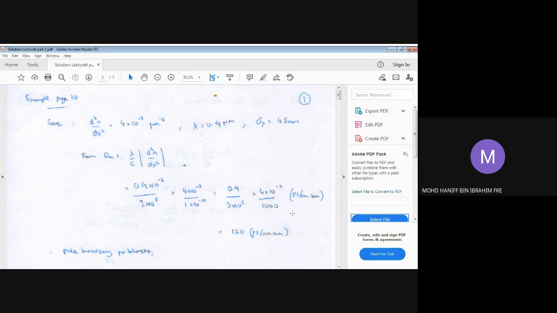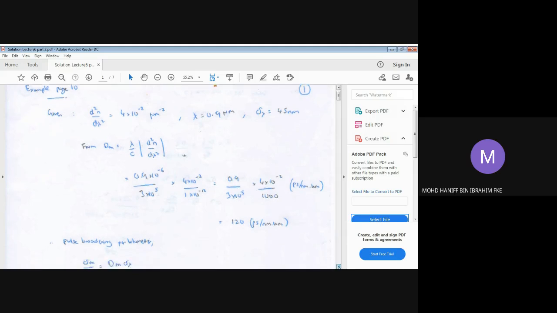To obtain nanometer, this value is substituted with 1000. That's why we have a nanometer unit there. So in the end, your dm should be 120 picosecond per nanometer per kilometer, obtained from the parameter d squared n over d lambda squared.